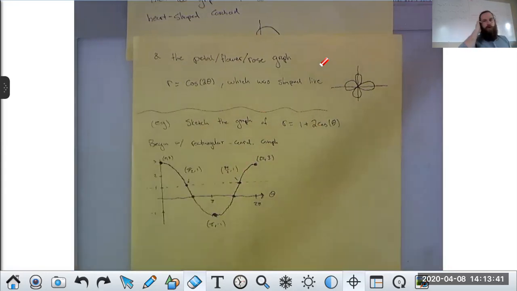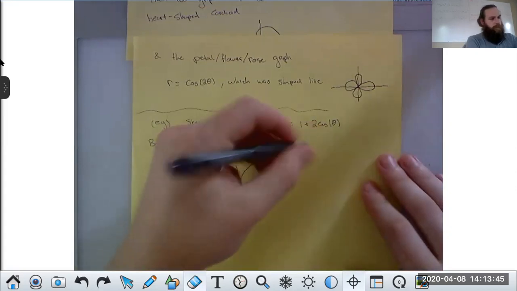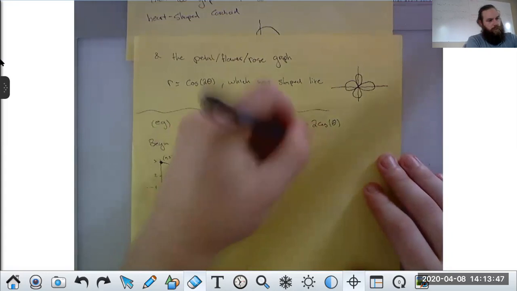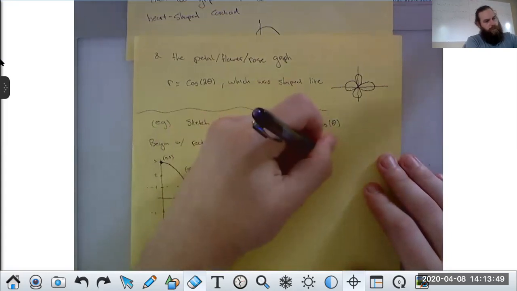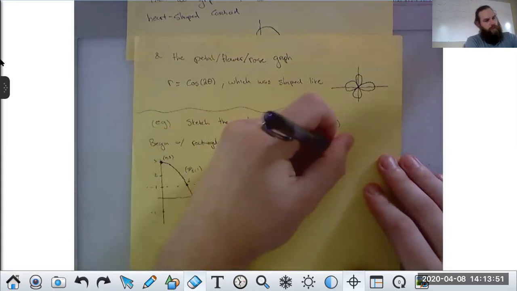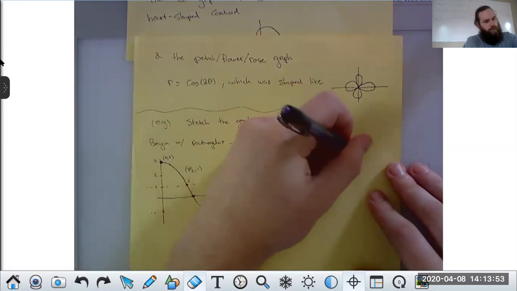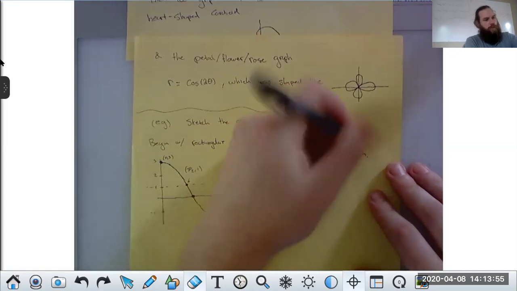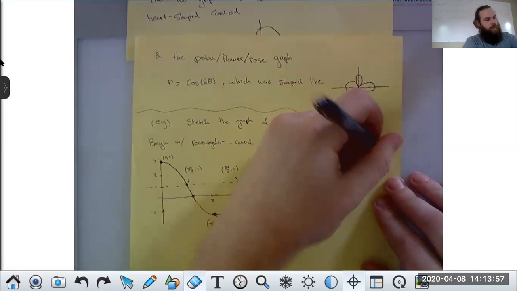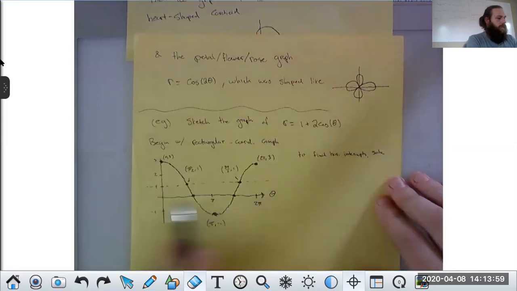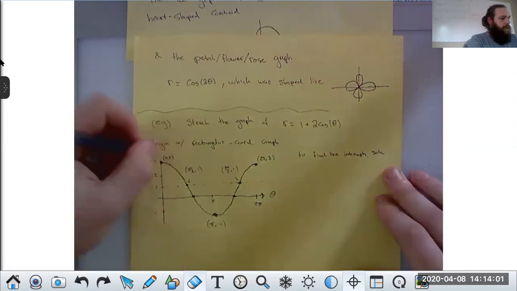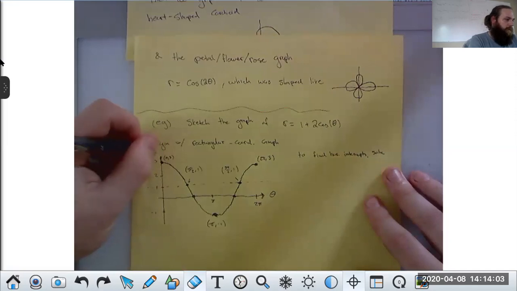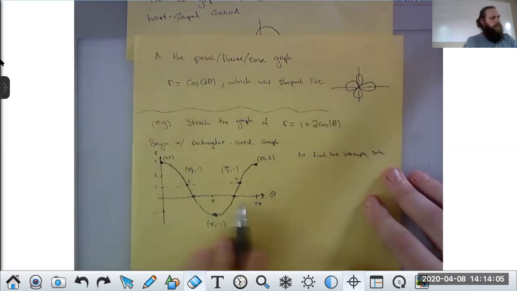To find the horizontal intercepts, we're going to have to solve an equation. Along this axis, if the vertical axis here is my r axis, then this is when r is equal to 0.